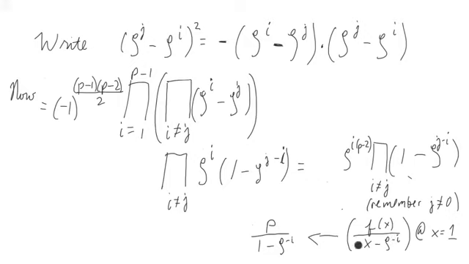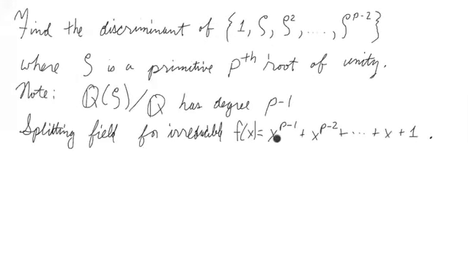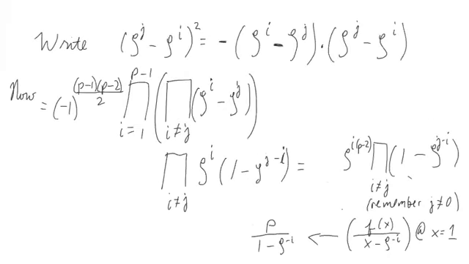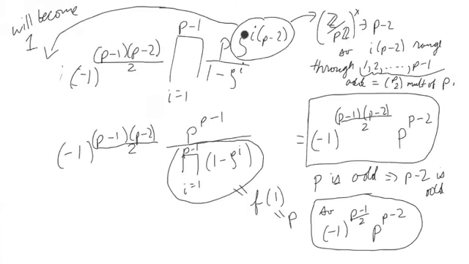And so if we plug 1 into this, notice that if you plug 1 into f, you're just adding 1 p times here. So we just get p, and then we get this right here. So we get p over 1 minus zeta to the negative i, and that's what we get from that portion. And so we end up getting something like this coming out of that part.